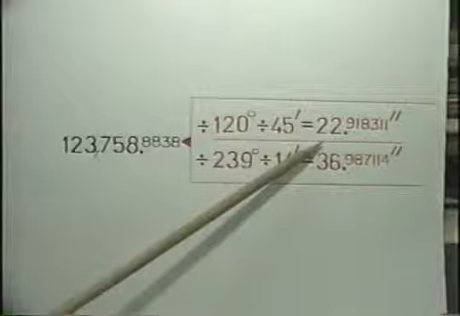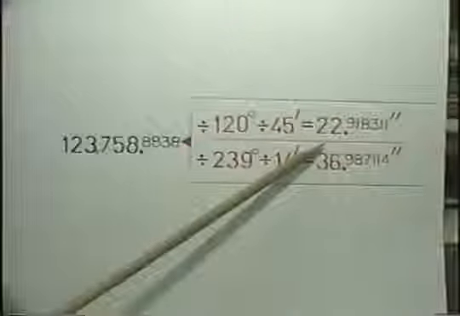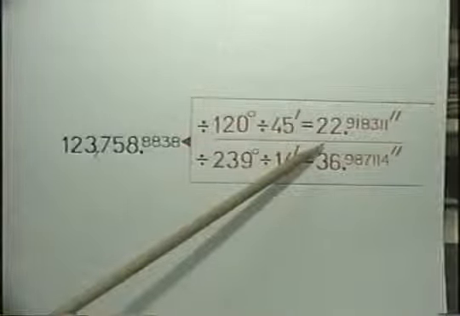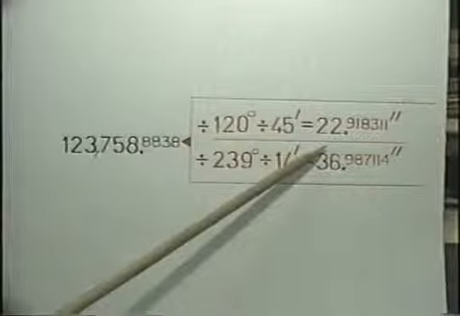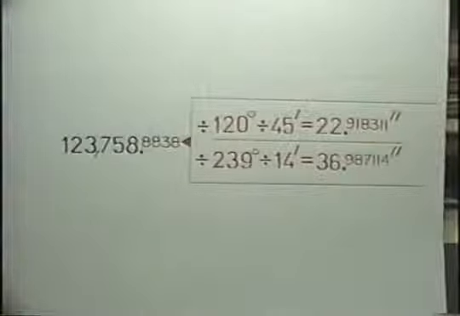Notice that the final element of its West Giza longitude is 22.918311 seconds. 22.918311 is also exactly 2/5 of the 57.2957 radian. Constants in the tailings of Tikal's pyramids.